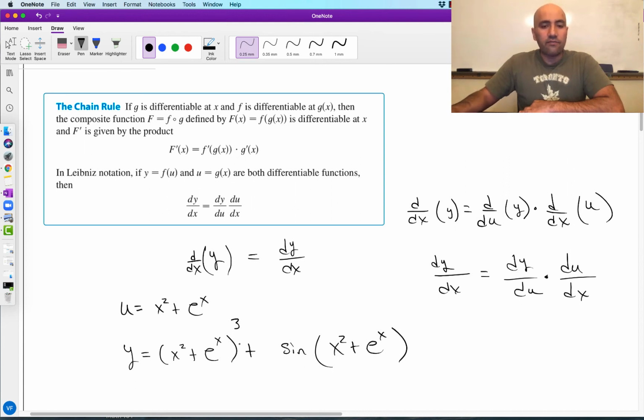This is a very complicated looking equation, but we can make it a little bit simpler if we think of this as a u. So we can think of this as y equals u to the third power plus sine of u. Now it doesn't look quite so bad, right?